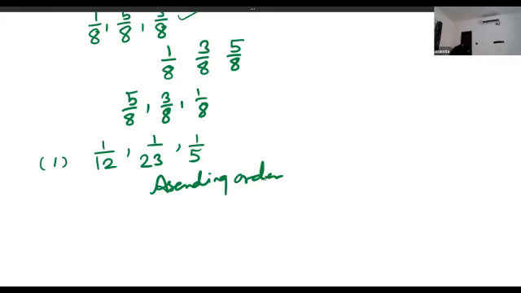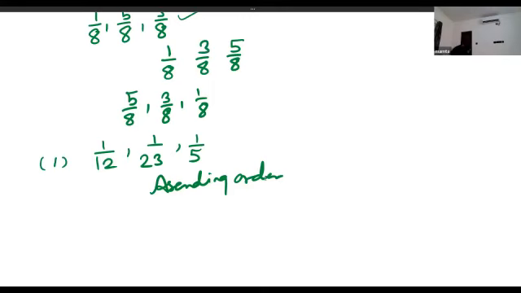Ma'am, here it's actually easy because all have the numerator 1. We can cross multiply easily. But we will compare the first two. In the first two, which number is greater? Ma'am, it's ascending order, right?